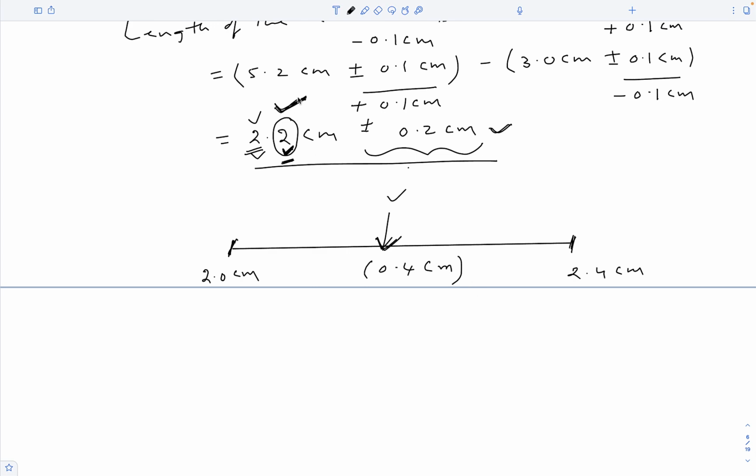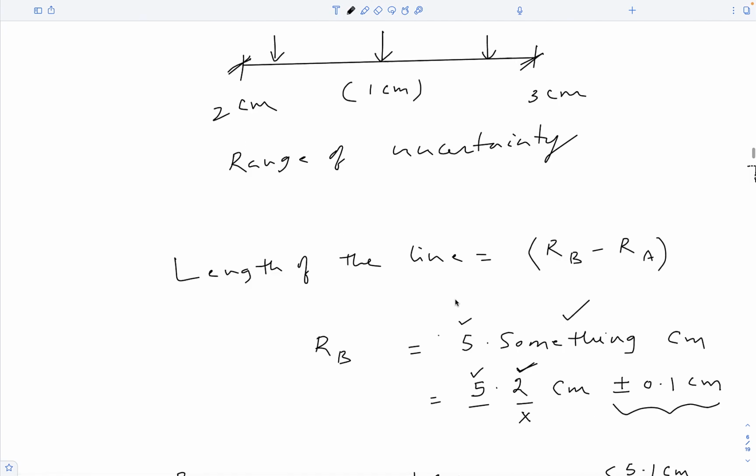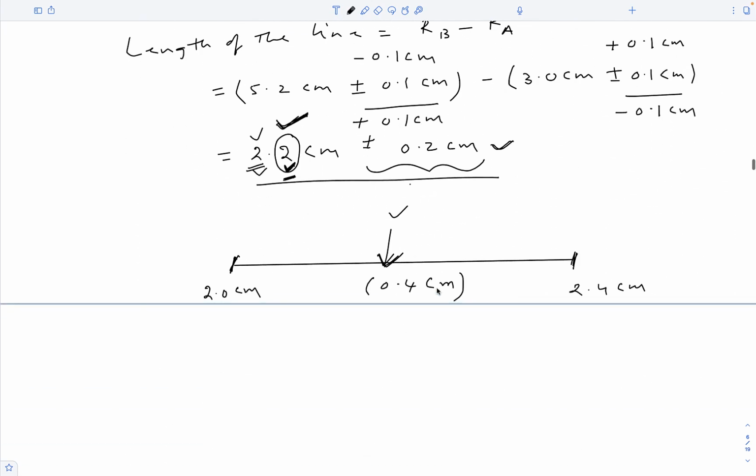So with one estimated digit, we could reduce the amount of uncertainty by so much, from 1 centimeter to 0.4 centimeters. Then why can't we estimate more digits in the length of this line and reduce the amount of uncertainty even further? Of course, you can do that, provided you are reasonably confident about the values of those digits.